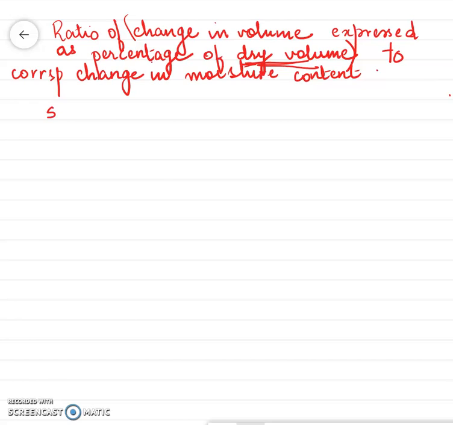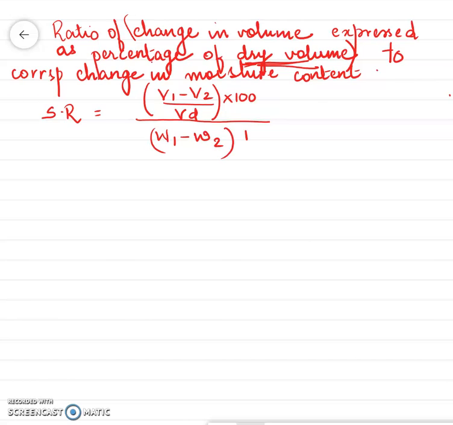So by equation, mathematically, this is written as (V1 minus V2) upon VD, percentage of dry volume. So percentage you have to express it into 100, by change in the moisture content. Over here, W1 and W2 are fractions.